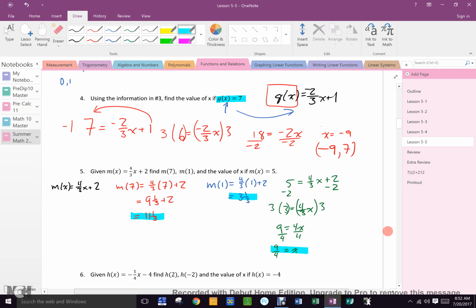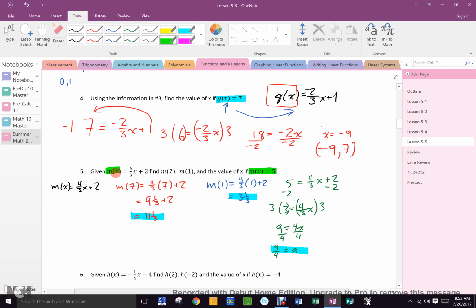That's fine. Amrit first, then Brooklyn. I'll look at the very first step. How do you know where to put that? What does that say in English? No. M of x equals 5. What do you see right there? M of x. M of x is 5. What do you see there?